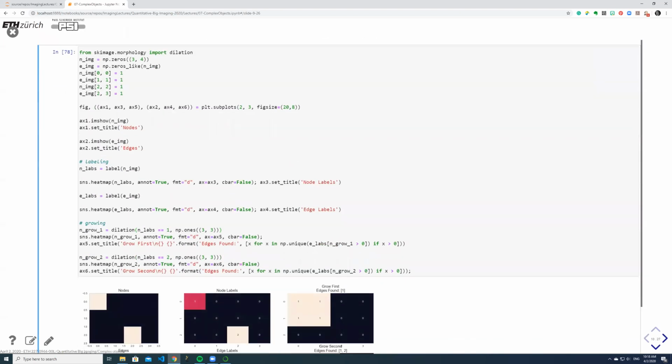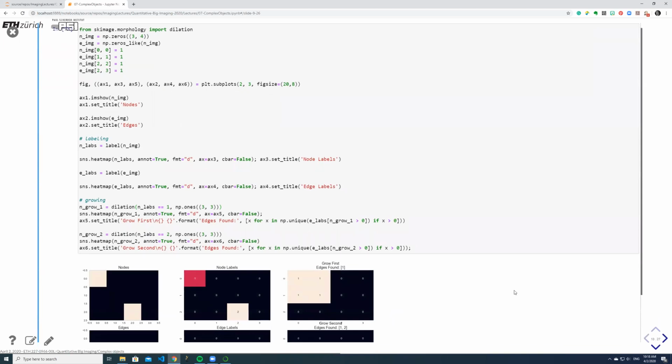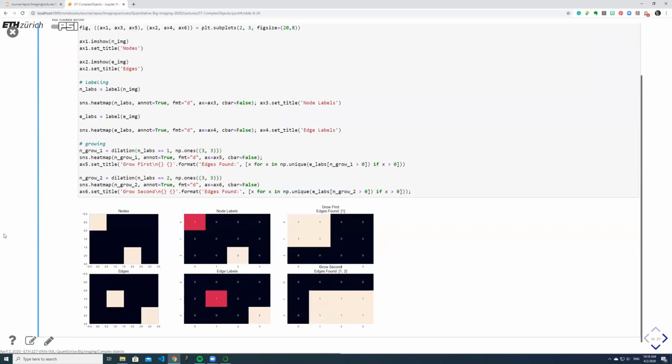On the next slide, let's see if we can go down. Yep. Here we have the nodes labeled, and by dilating node 1, we can see that it becomes a blob like this, and this blob overlaps with edge number 1.